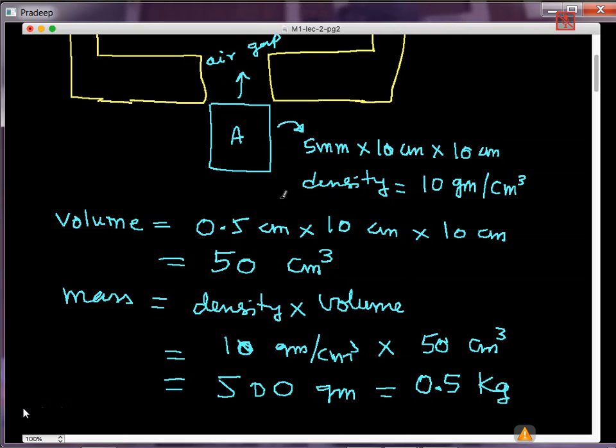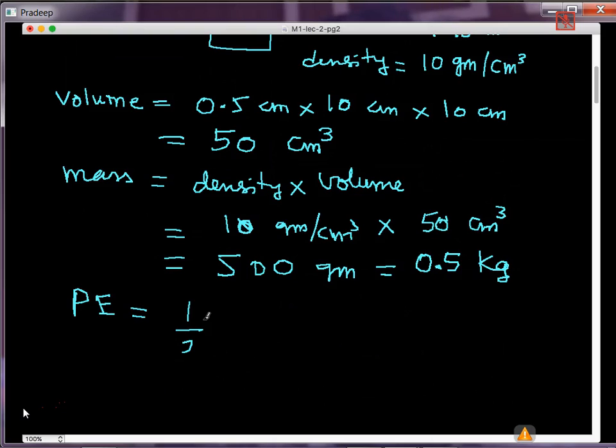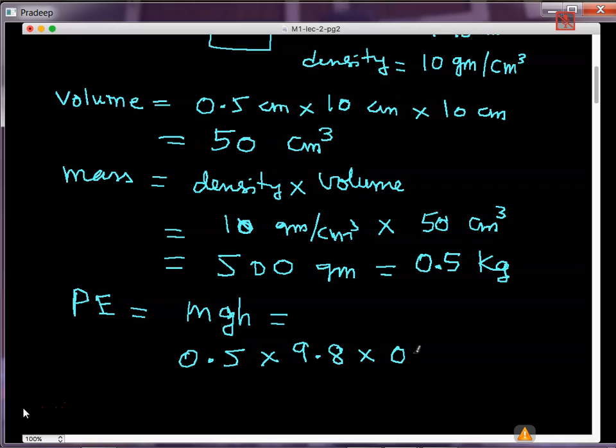And to lift this by 10 centimeters up, potential energy required is how much? Potential energy is mgh. So the mass is 0.5 kgs and the gravitational is 9.8 and the height is 10 centimeters or 0.1 meters.